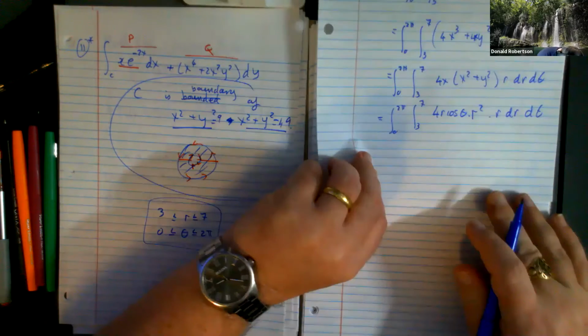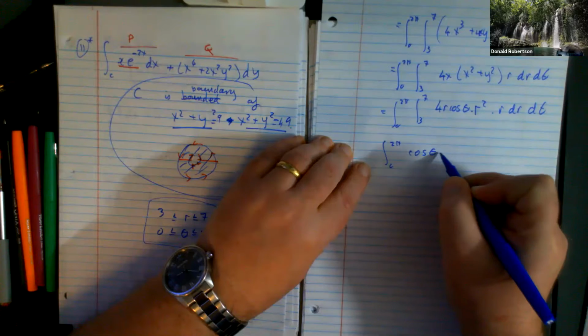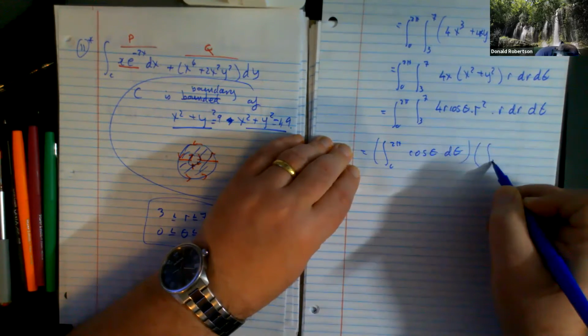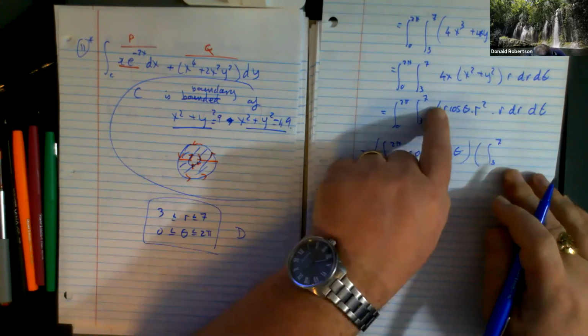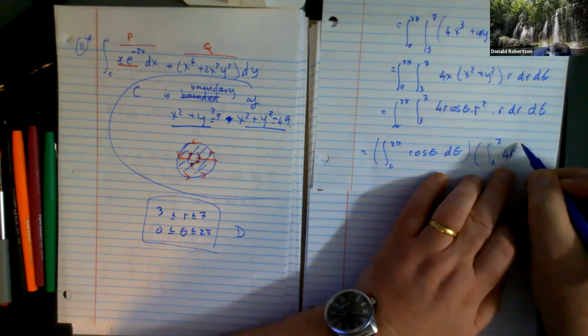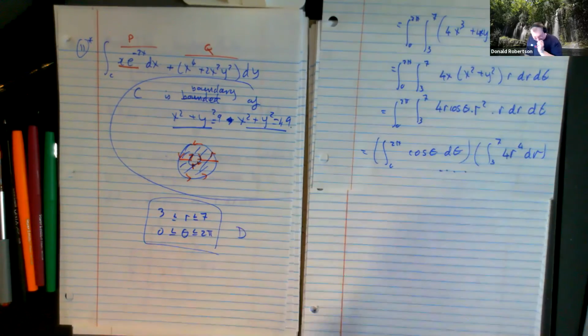It's variable separable. I'll take out a cosine. And I'll do the 3 to 7. And what do I get? A 4, an r squared, another r. I basically get 4r to the 4 dr. And at this point, I'm done.